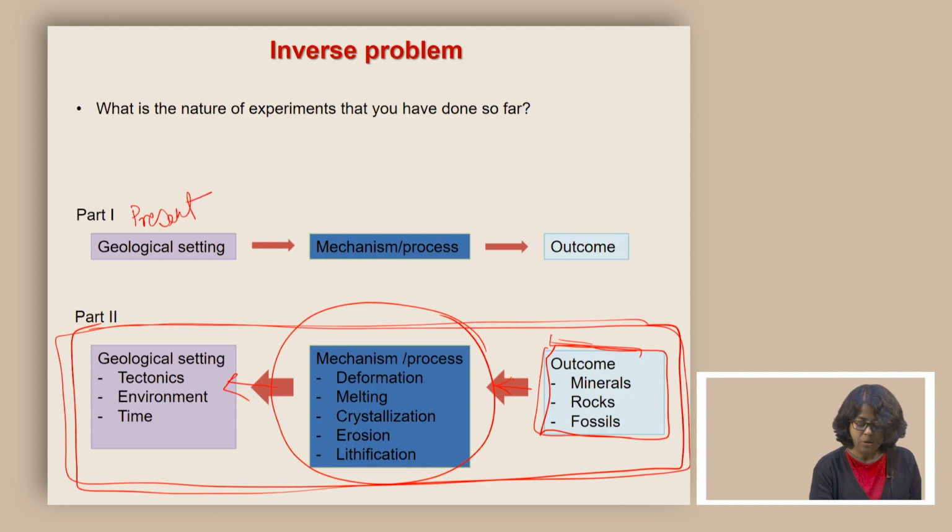And the present day geologic setting actually gives us more of a forward modeling mode, because there we can actually see the present condition and we see what is happening, and we can also see what is the outcome of it. And this gives us some understanding of the mechanism of process.